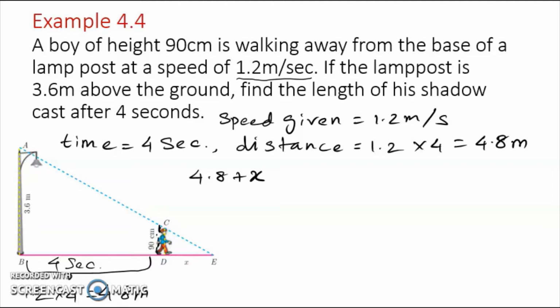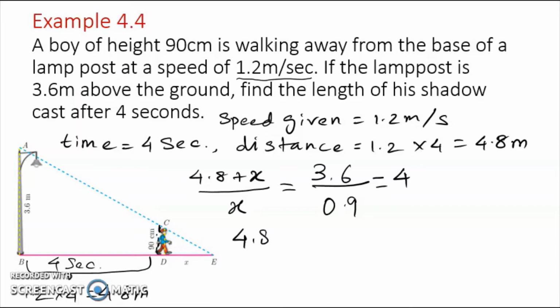So 4.8 plus x over x, which is the base of this triangle here, should be equal to 3.6 over 0.9, which are the corresponding sides of the similar triangle. 3.6 divided by 0.9 will be 4.